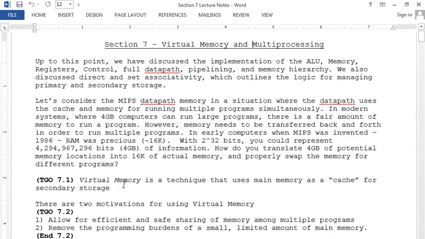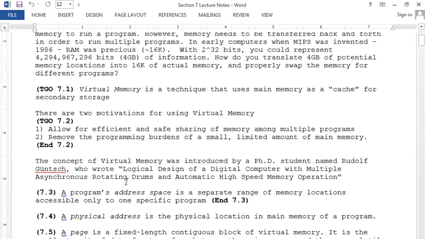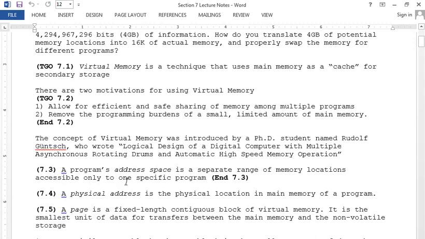There are two motivations. Virtual memory was actually invented by a student in 1956, Rudolf Kunz. His idea is that we have to allow for efficient and safe sharing of memory among multiple programs. Just like your computers are doing now, you're not just running one program at any given moment, right? You have to run multiple programs.